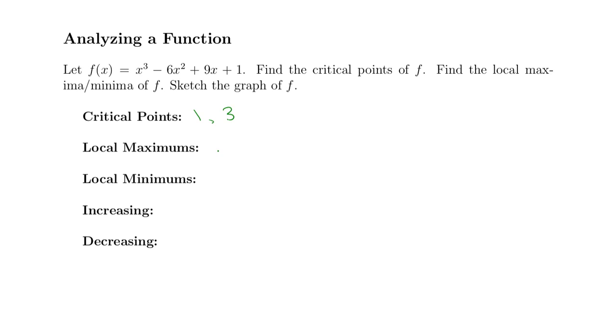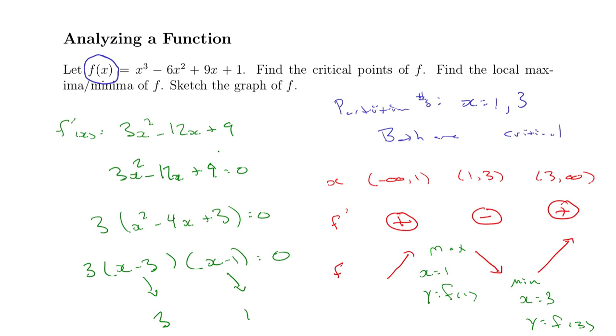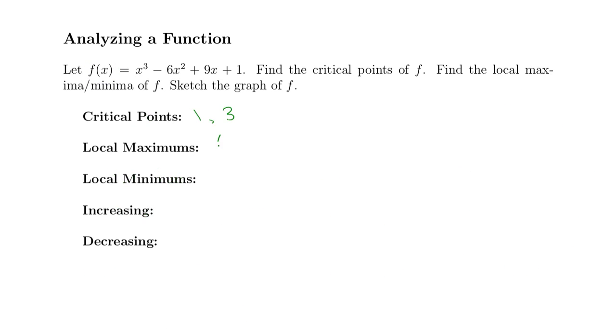There was a local maximum here at the x value of 1, and f of 1, let me just write this up here. That's going to be 1 minus 6 plus 9 plus 1: negative 5, positive 4, 5. Cool. Hopefully that's right.